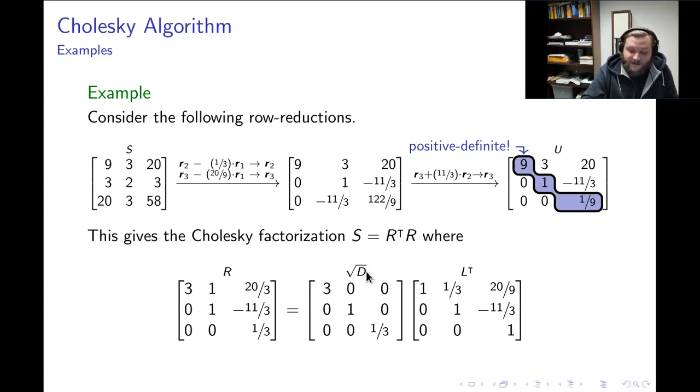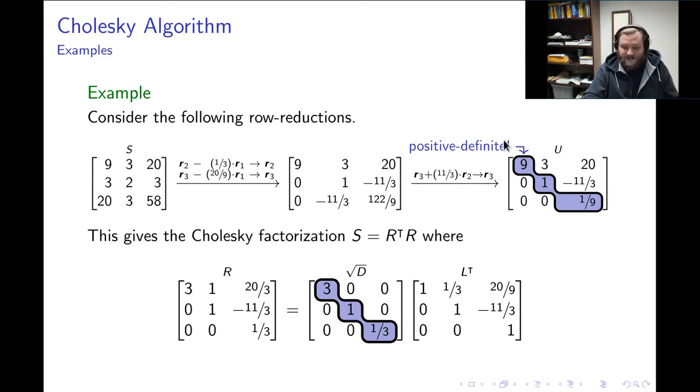So when I take the square root of D, I get the square root of 9, which is 3, the square root of 1, which is 1, and the square root of 1/9, which is 1/3. Then I have L transpose, where L came from LU, where I inserted the negatives of my multipliers into a lower triangular matrix. And so this gives me my Cholesky factorization.